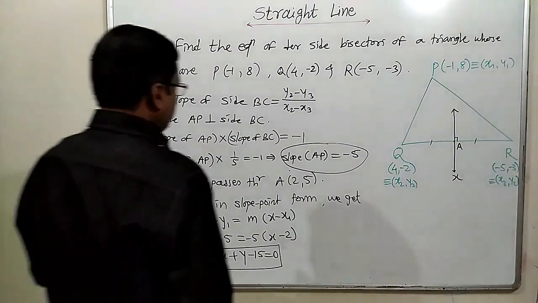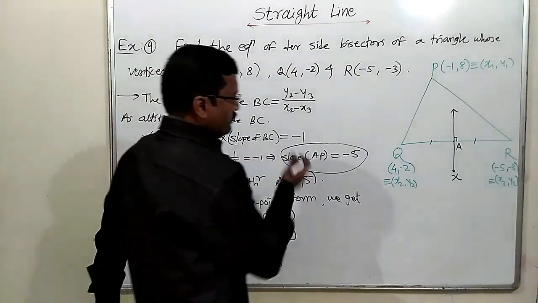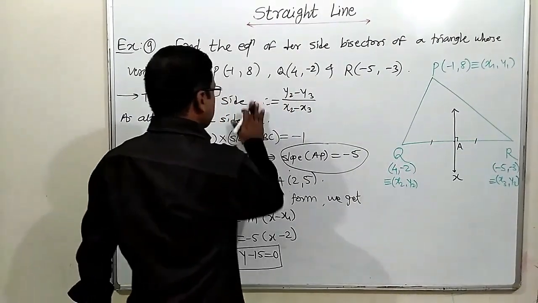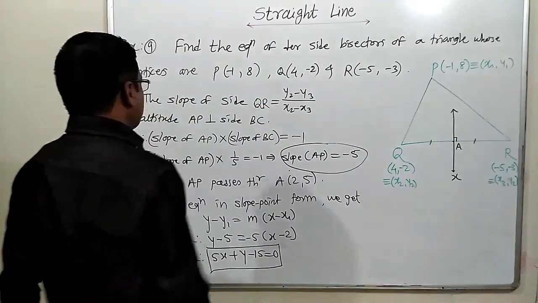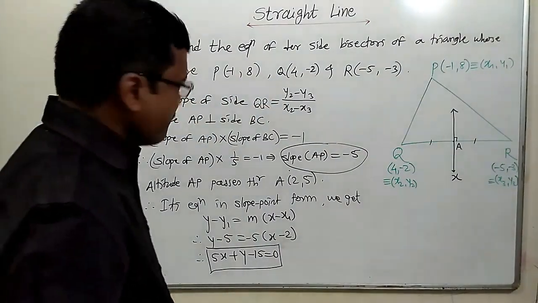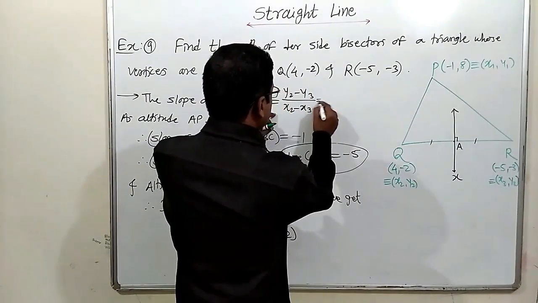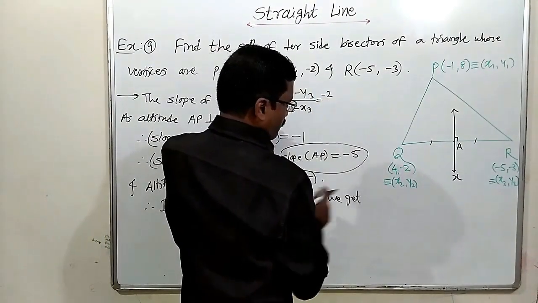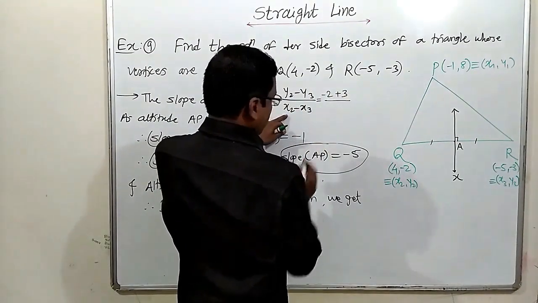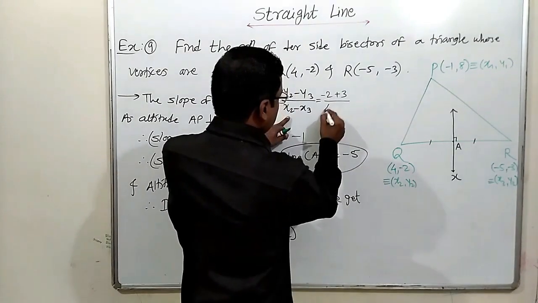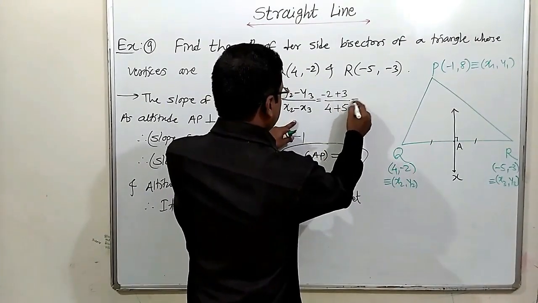Here the slope of side QR is, in the same way, y2 minus y3 upon x2 minus x3. y2 is -2, y3 is -3, so minus minus becomes plus 3, upon x2 is 4, x3 is -5, so it becomes plus 5.